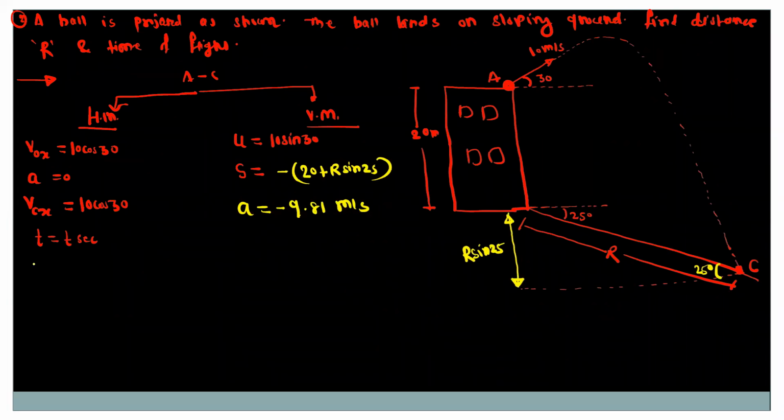And for the horizontal motion, displacement S, so this is the starting point and this is the last point. So this horizontal distance is equal to R cos 25.